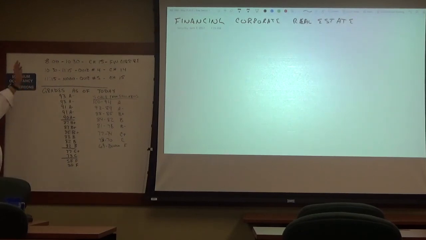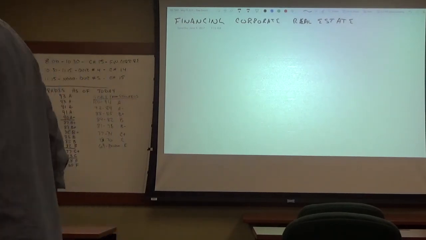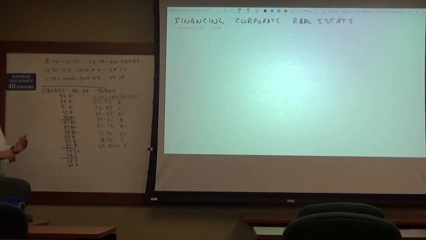Okay, so just for those of you that are always asking about what your grades are, this is simply taking the higher of the two: quiz 1, quiz 2, quiz 3 averaged together, or test 1.